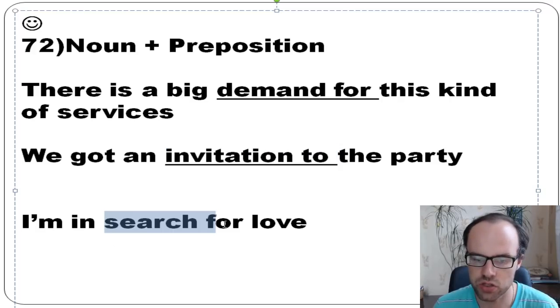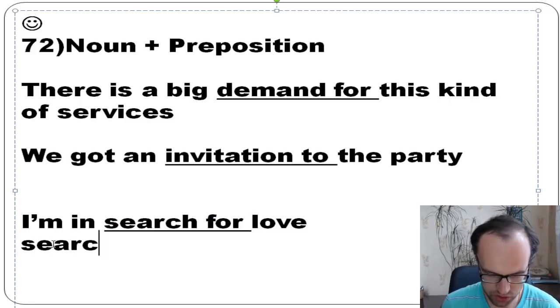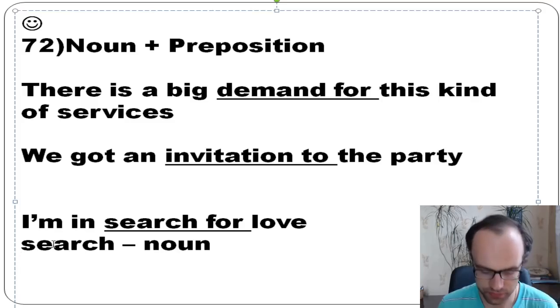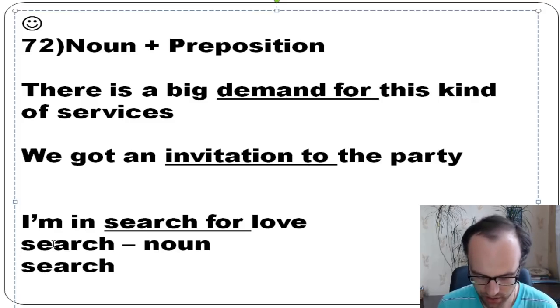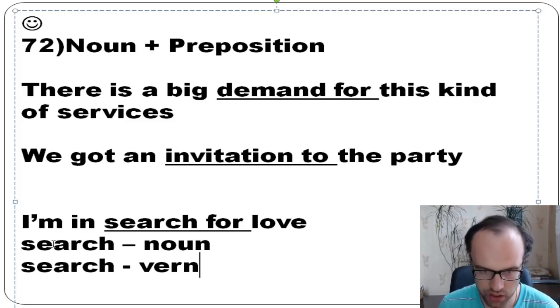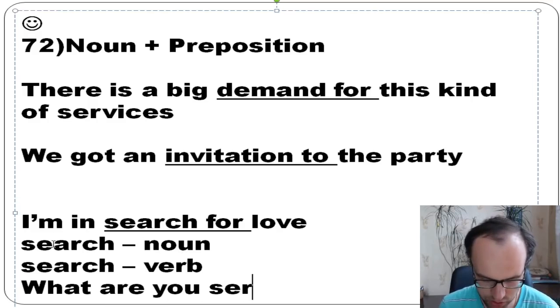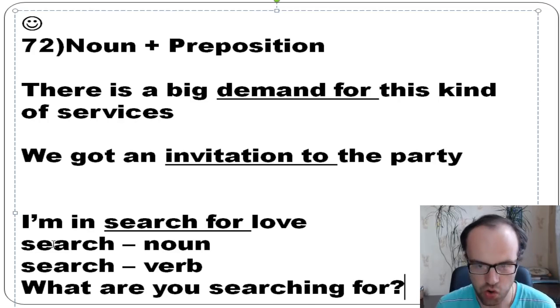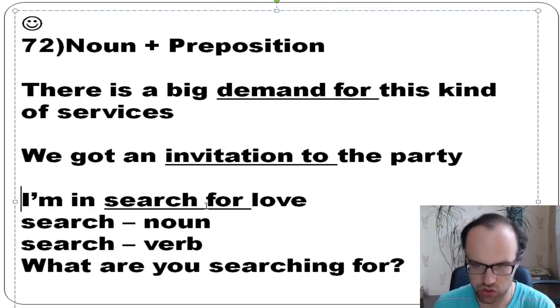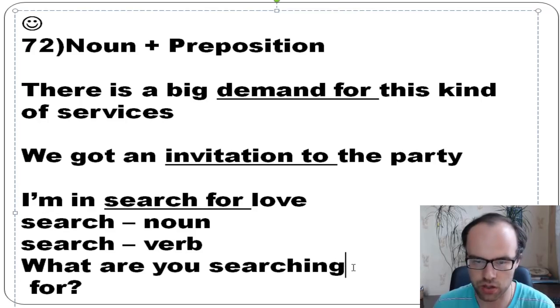Okay. And search for. I'm in search for love. You know that search can be a noun, like here, and search can be a verb. For example, what are you searching for?